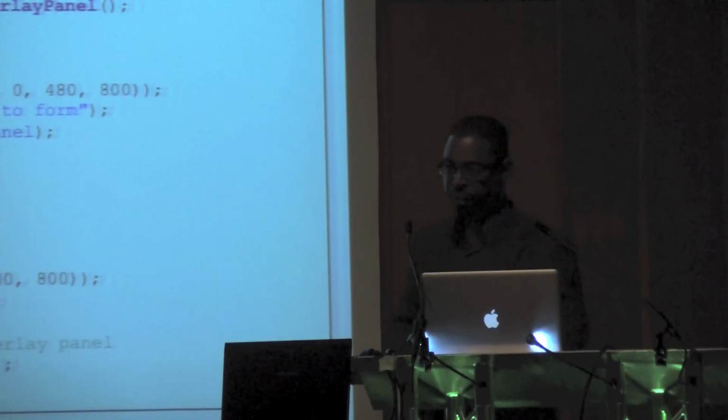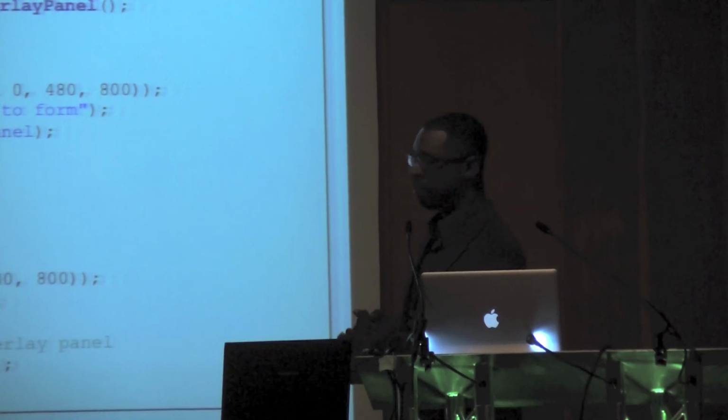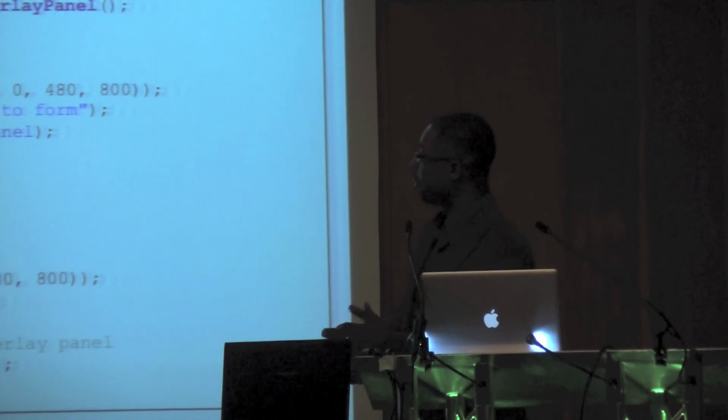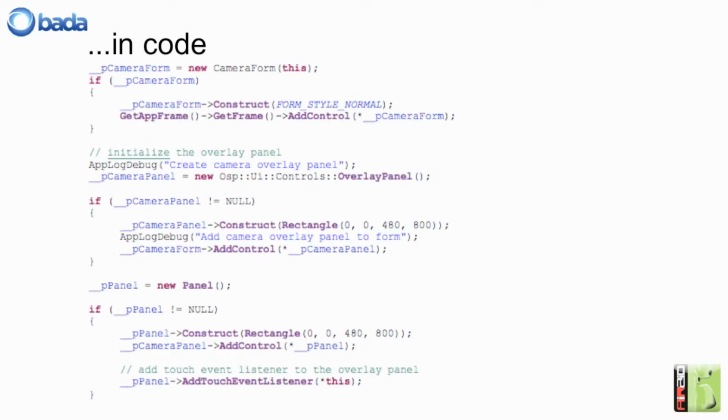So, how do we achieve this in code? If you've done any bada programming, this will look very familiar. If you've not, it will look very unfamiliar. What we need to do is create a camera form. The form is going to have no special attributes. It's just going to be of style normal.